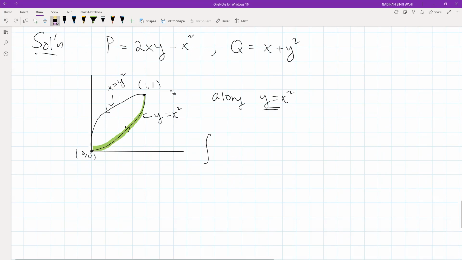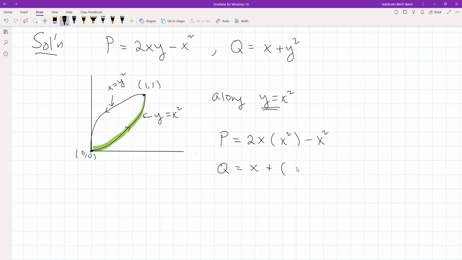So P equals to 2x times x squared minus x squared. And Q is x plus y squared, which is x squared squared. How about dy? dy is 2x dx.